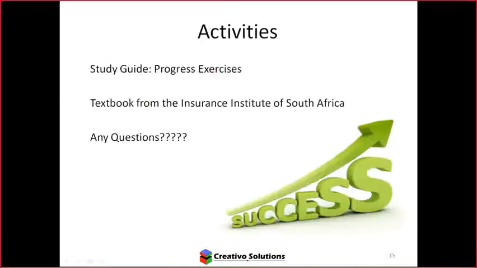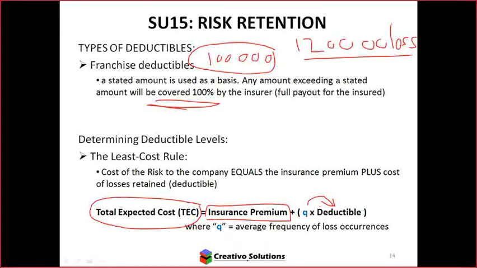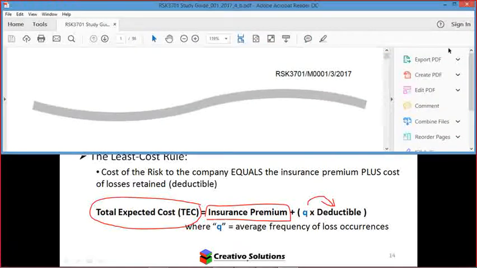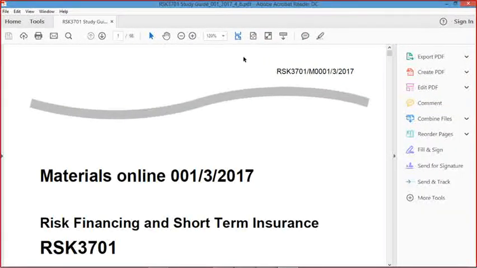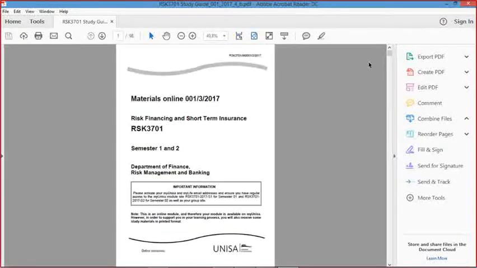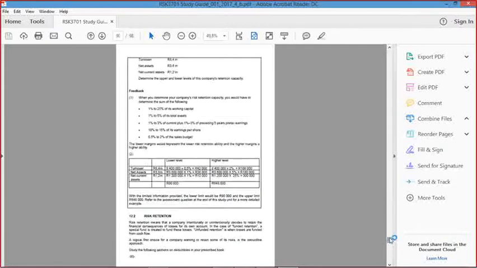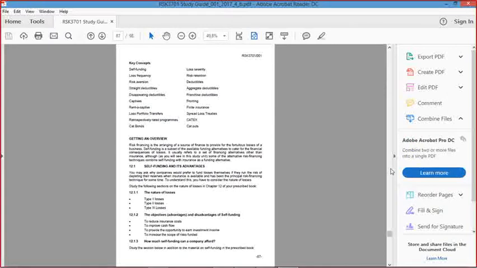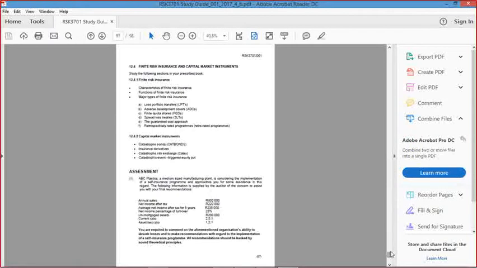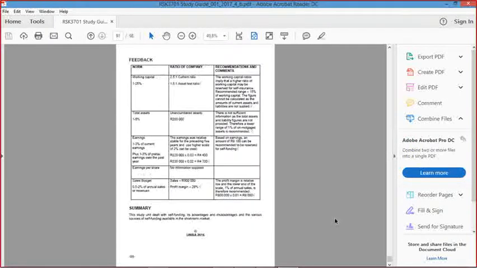Did I give that example here? No, I didn't. We need to go to the study guide to show that example. Let me open up the study guide. I need to show you this example.